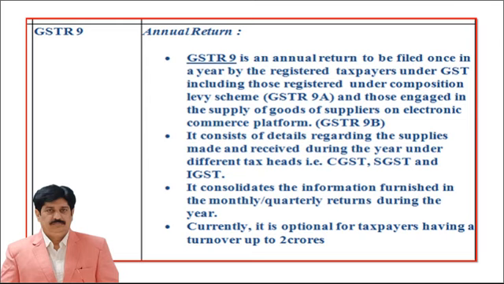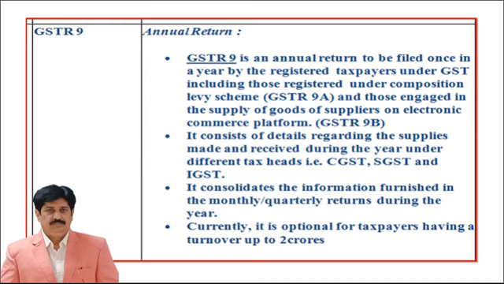So just try to understand quickly. GSTR 9 is a normal or general annual return. We are required to file it every year. GSTR 9A is for those registered under the composition scheme, and GSTR 9B is for electronic commerce platform suppliers.